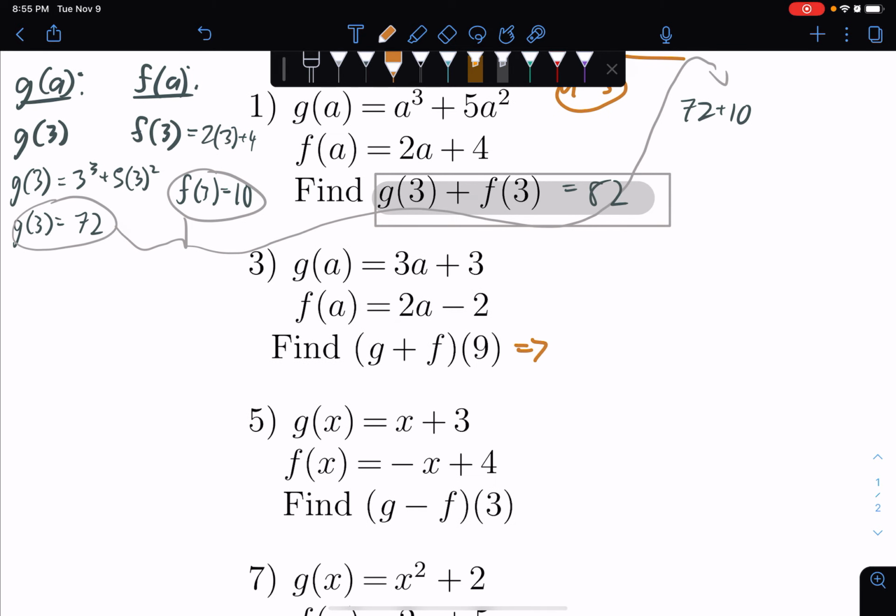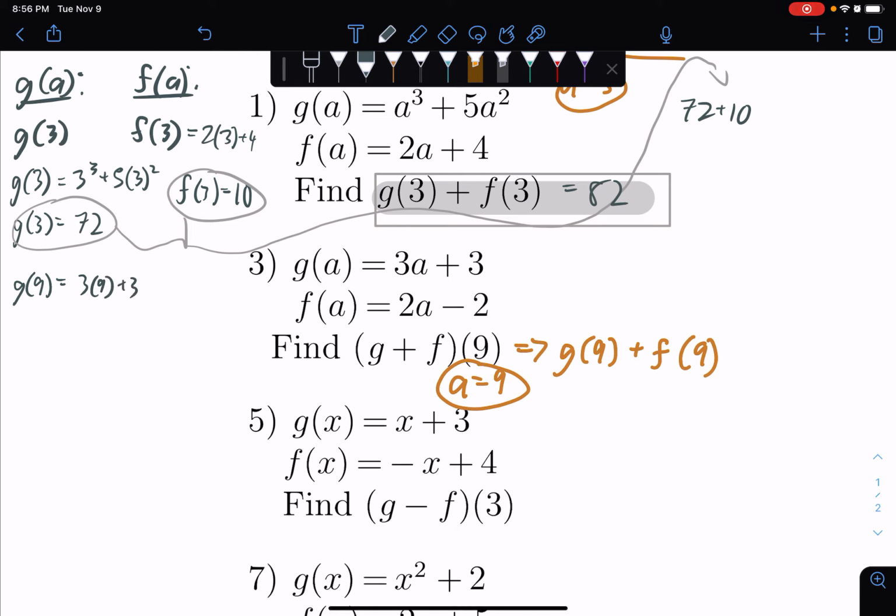In other words, what we're trying to find here is we just apply distributive property. So g of 9 plus f of 9. In that case, we know that our a is equivalent to 9. So let's solve for g of a. G of a, whereas a is equal to 9, so g of 9 is equivalent to 3 times 9 plus 3.